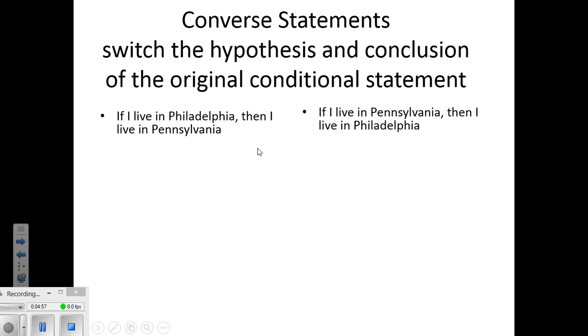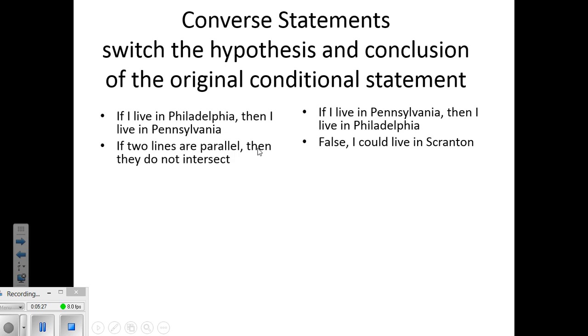But again, the idea is for us to take the converse, that is, to switch up the if and the then components, but make it sound reasonable, correct in terms of your English language, that is. Okay, so again, this is not true, because you could live in some other city of Pennsylvania, Scranton, Harrisburg, where have you.